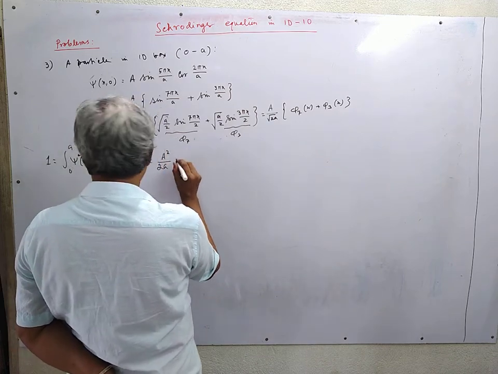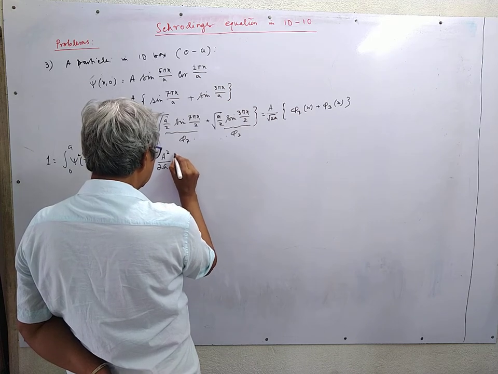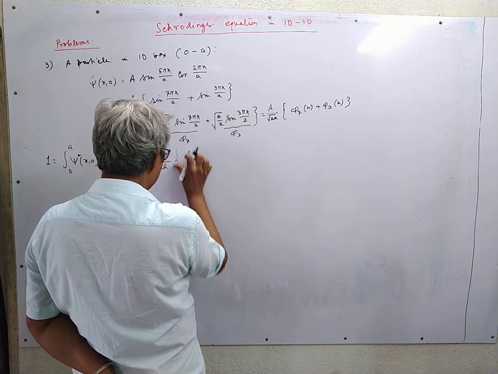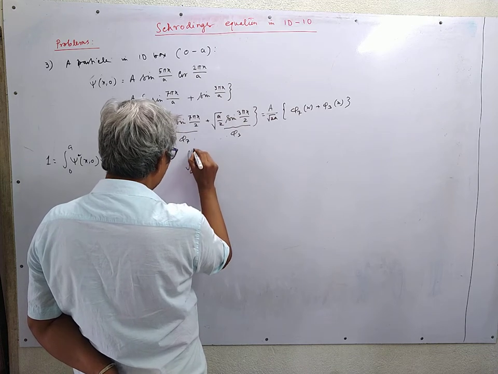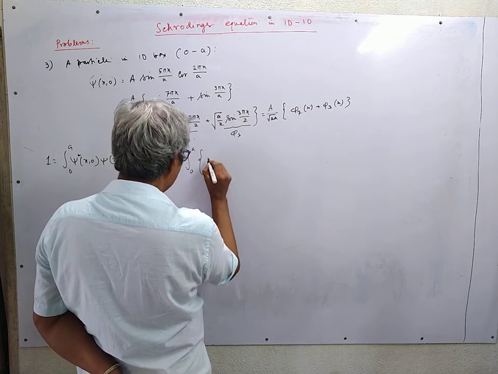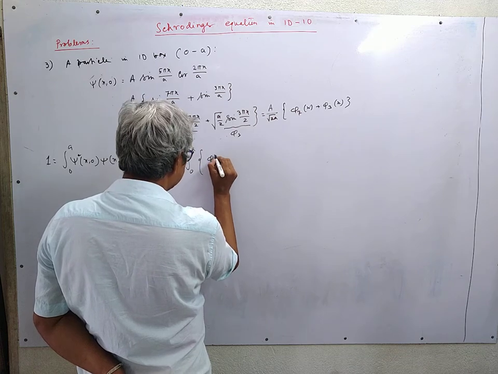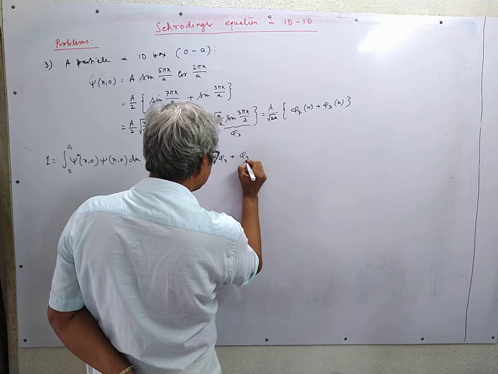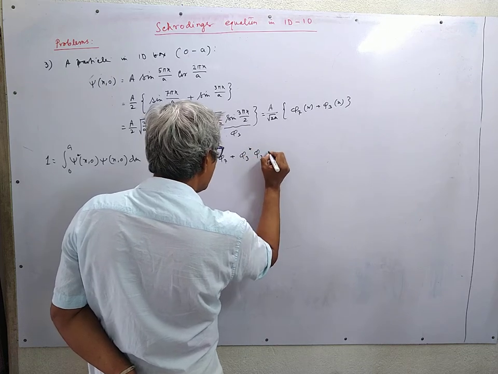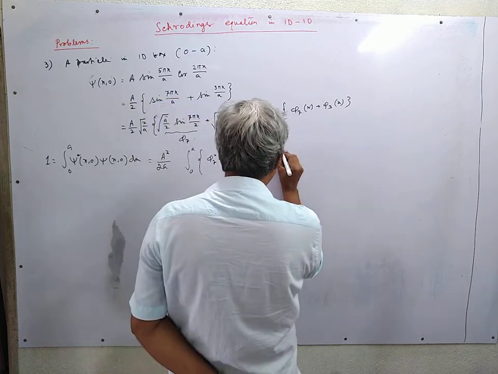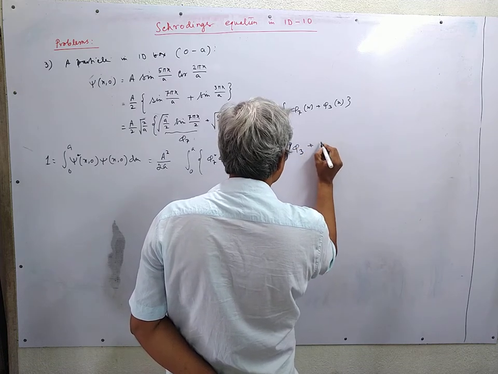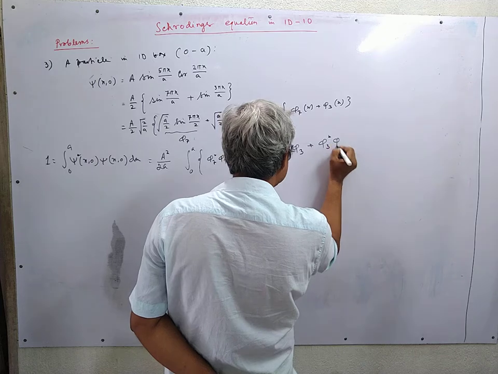Then integration 0 to a, phi 7 star phi 7 plus phi 3 star phi 3 plus phi 7 star phi 3 plus phi 3 star phi 7.